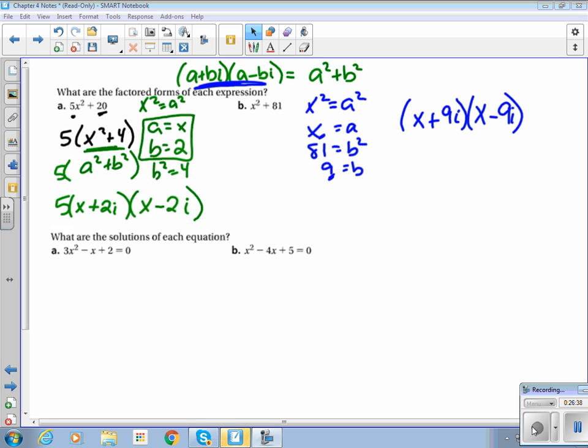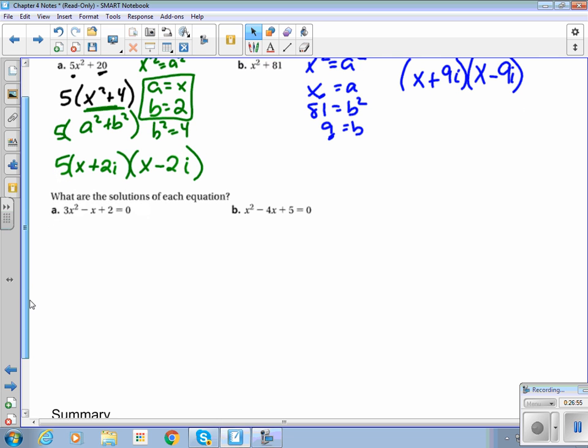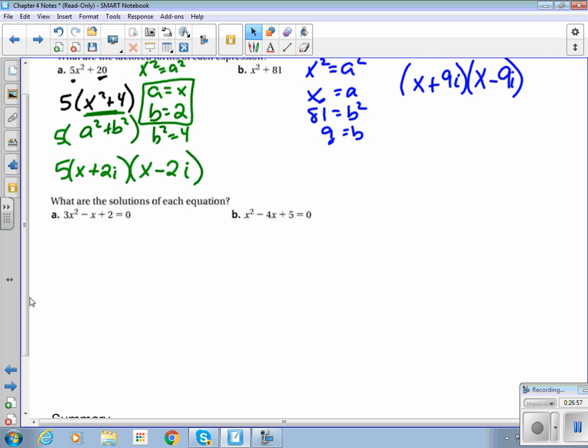All right, so now let's bring it home to the purpose we do this. When we are solving quadratic equations, sometimes we might run into a scenario where we have complex roots.